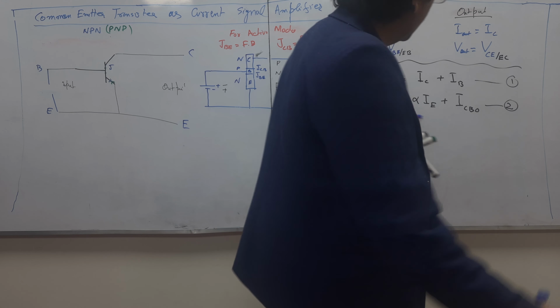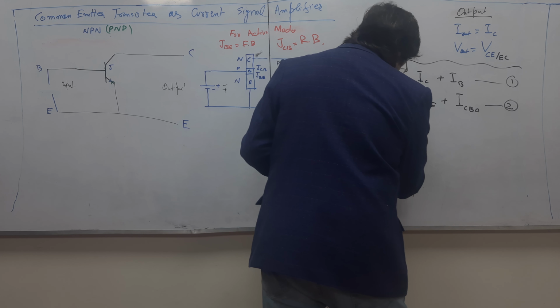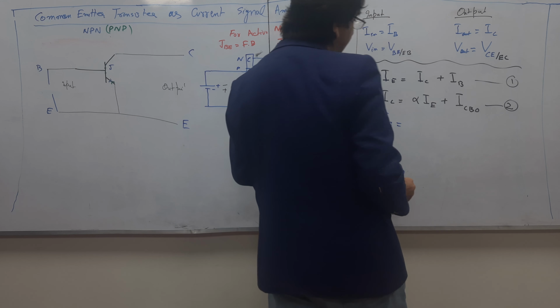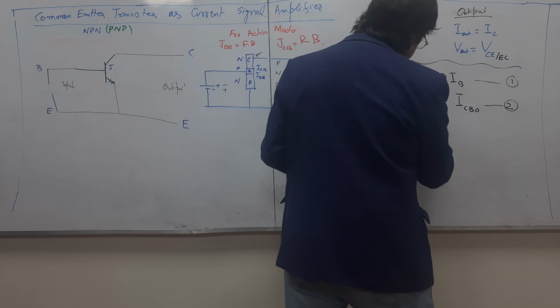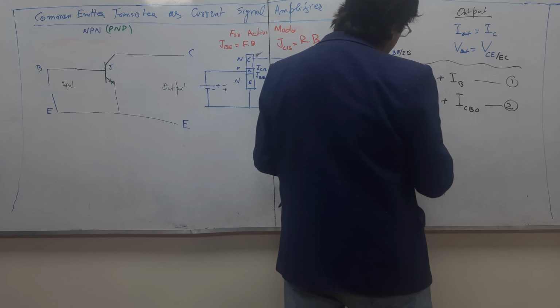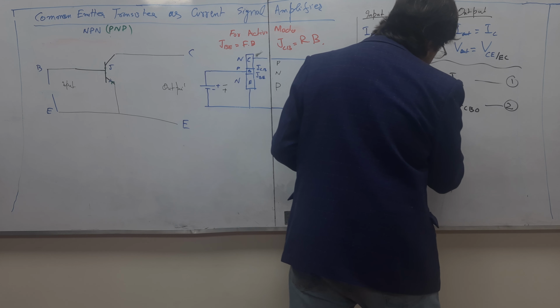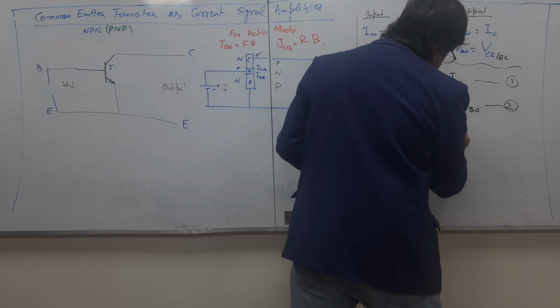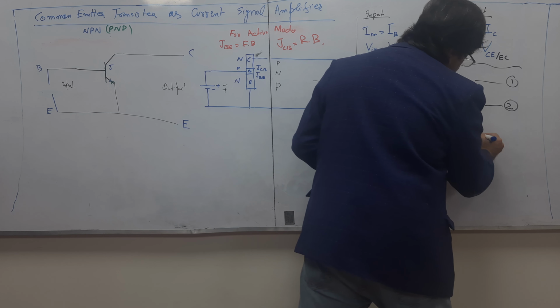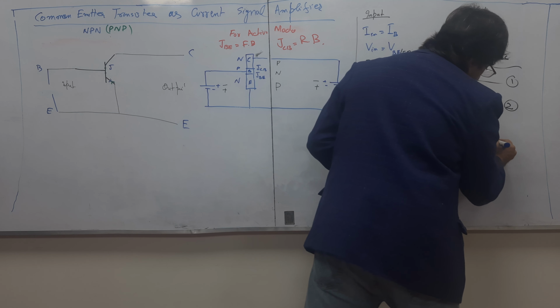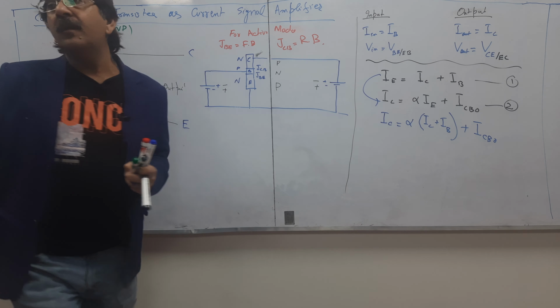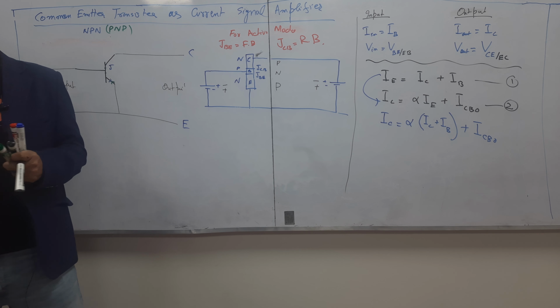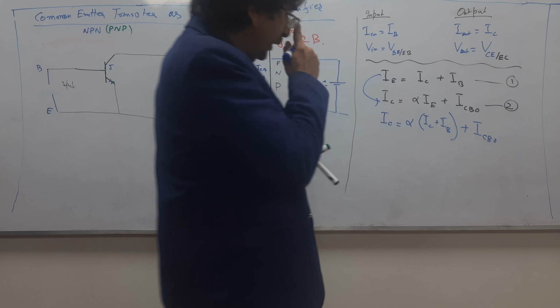So IC will become alpha times IE, which is IC plus IB, plus ICBO.